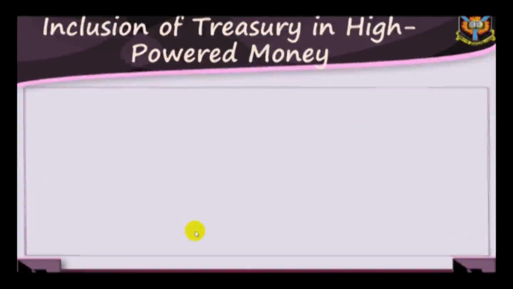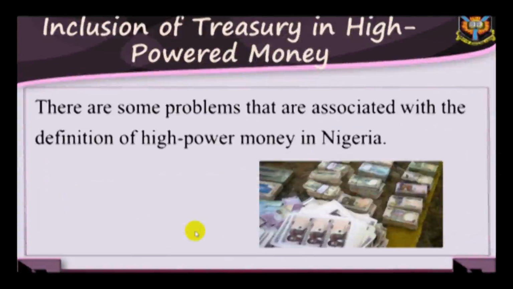Multiplier approach. The behavior of these factors that determine the supply of money could be expressed in a simple way using the multiplier approach that was put forward by Ajayi 2006. Let M equals C plus D, as equation 4, that's the narrow definition of money. C equals cD, that's equation 5.